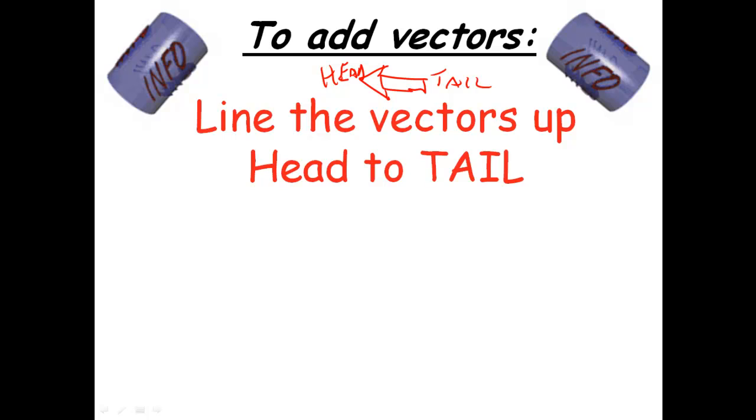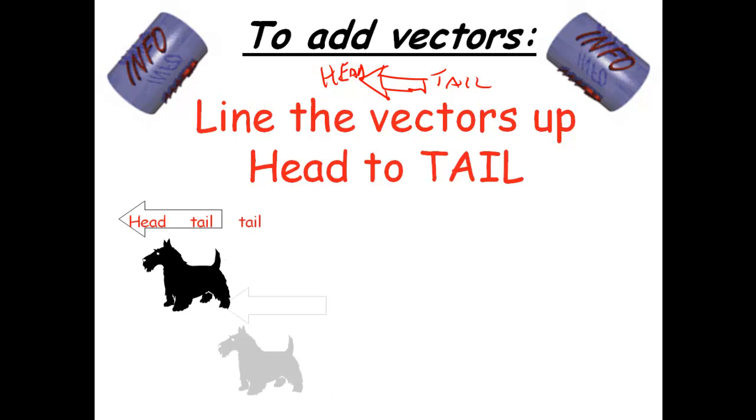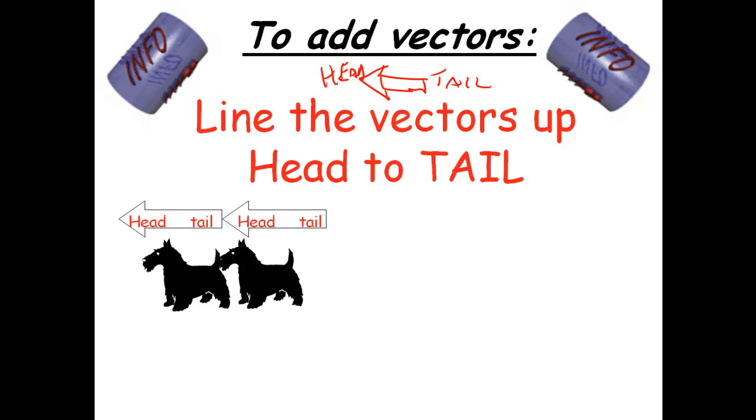Well, we're going to treat these arrows or vectors like dogs. Because a dog has a head, a dog has a tail, a dog can point a direction, right? We have a pointer, and so his head points to the direction. His tail doesn't do that. So what do you see when two dogs get together? They, of course, follow the rules of vectors. They go head to tail.